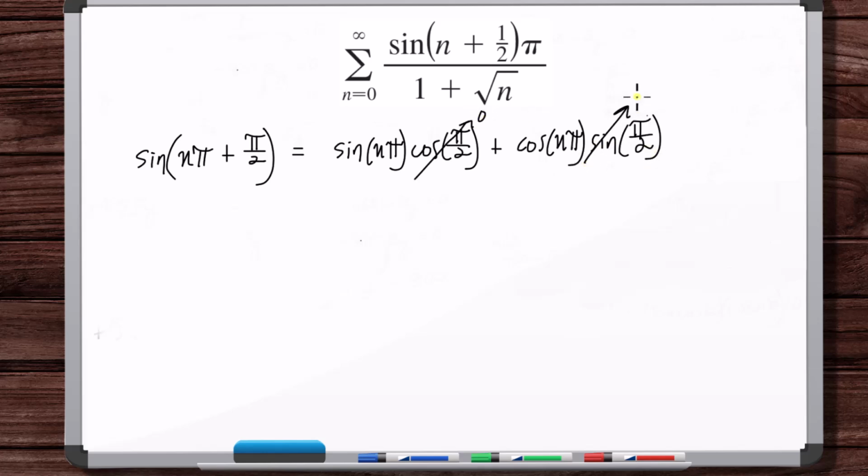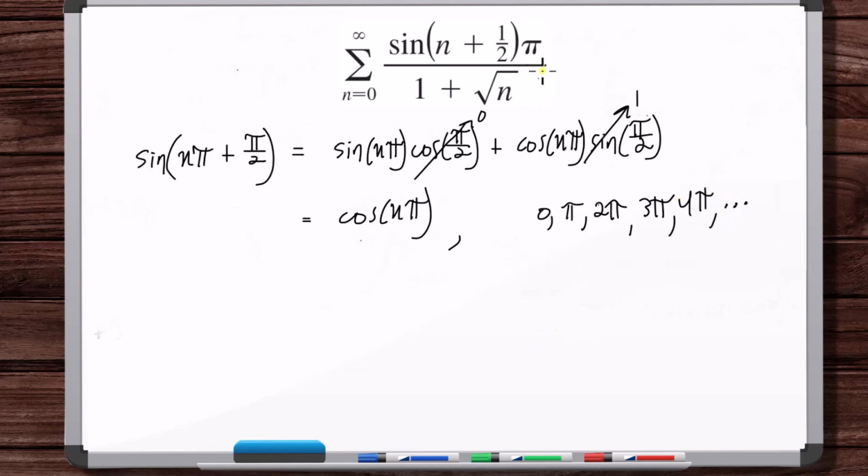Sine of pi over 2 is 1. So we've got cosine of n pi. Okay, n pi. So when n is equal to 0, we've got 0, pi, 2 pi, 3 pi, 4 pi, etc.